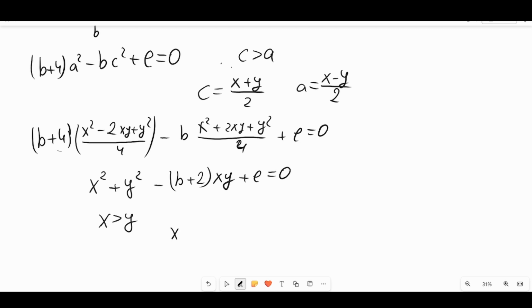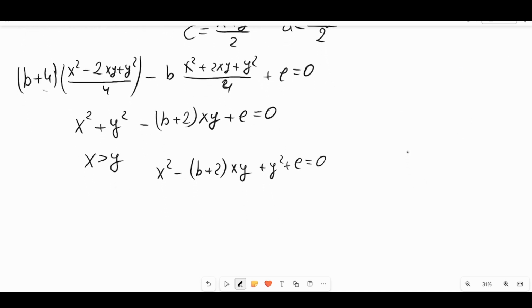So we get that x squared minus (b plus 2) times xy plus y squared plus e is equal to 0. Now, how can we generate a new solution from x and y? We know that the sum of the solutions of this equation is (b plus 2) times y.